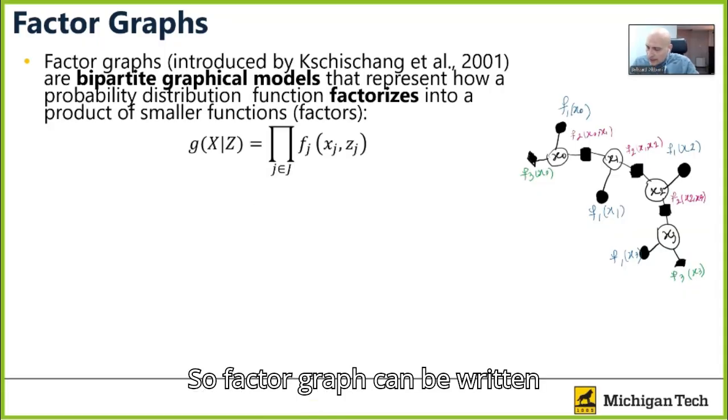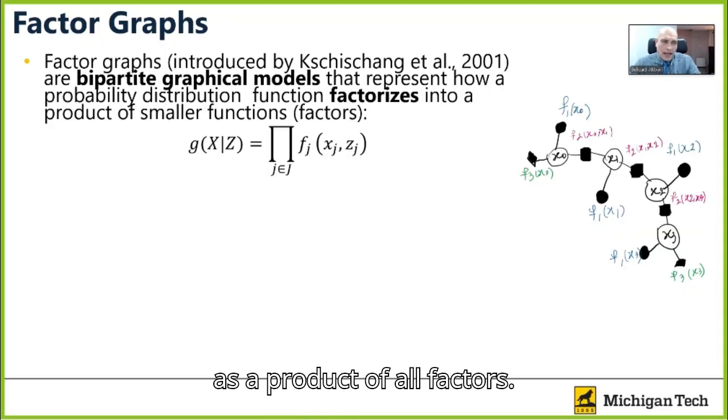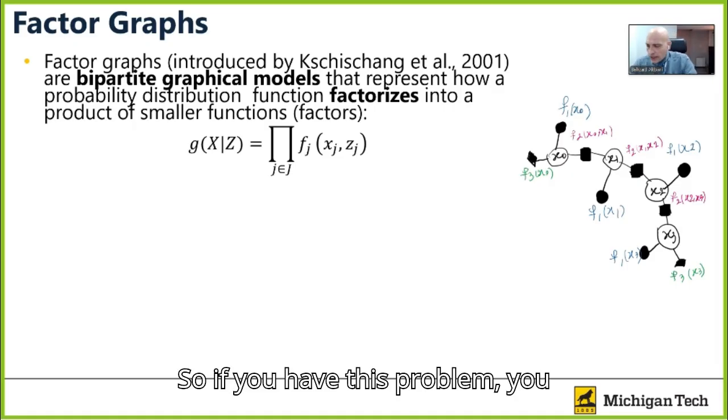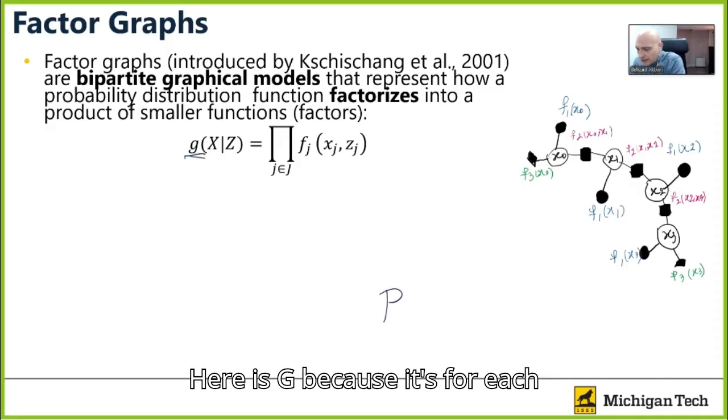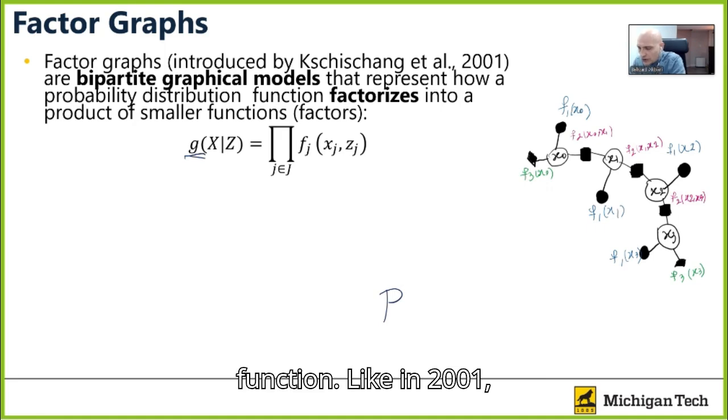So a factor graph can be written as a product of all factors. If you have this problem, you can write the probability. Here it is g because it's for any function.